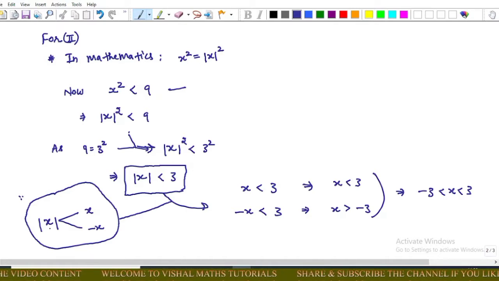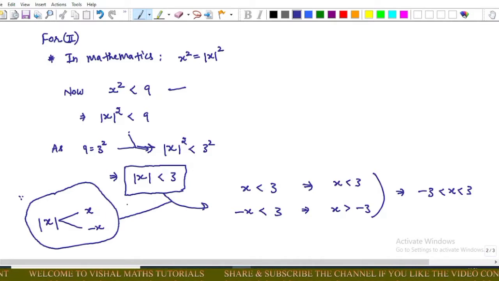As we know, mod of x can be written in two ways, x and minus x, according to the value of x. That is, mod of x is equal to x if x is greater than or equal to 0, and minus x if x is less than 0.